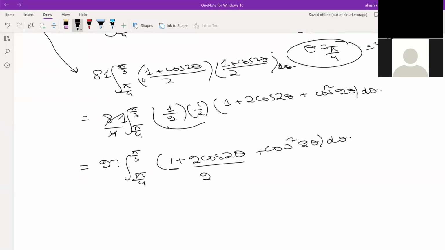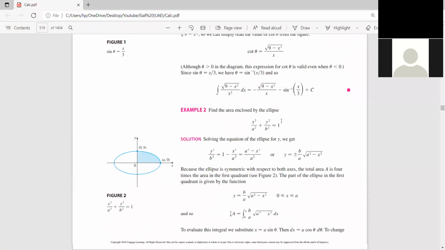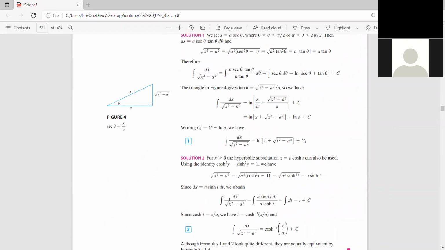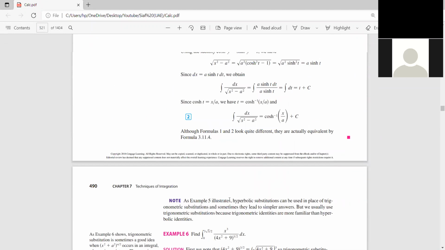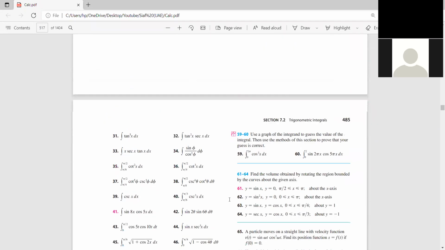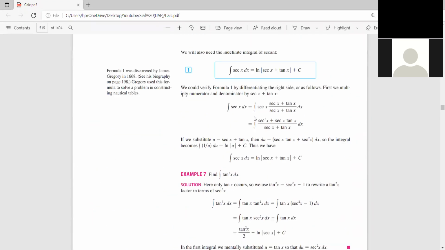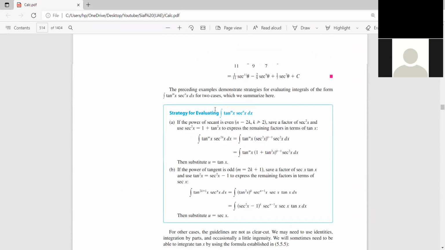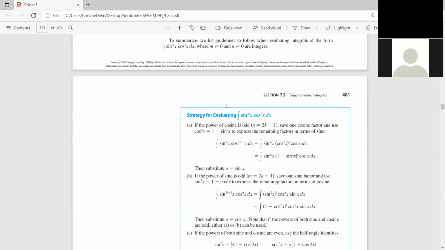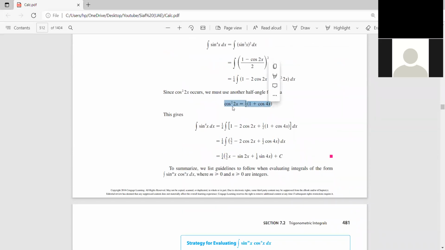Now it's easier for us to apply the integration here, because we know the integration of 1. We know what is the integration of cos 2 theta, it becomes sine 2 theta over 2. And here we again have to apply the double angle identity, which we used yesterday.